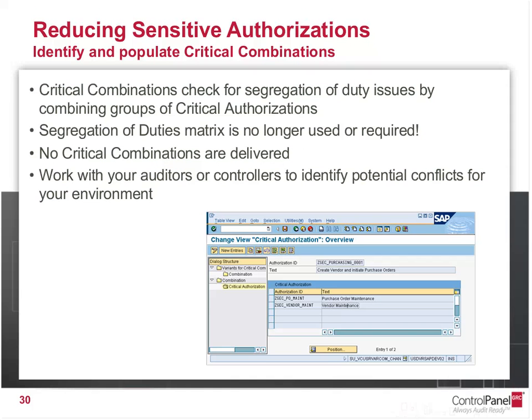Now, when you set up those critical transactions, and we've got an example down here at the bottom where we set up two critical authorizations, one for purchase order maintenance and one for vendor master maintenance, we can then combine them inside of this RSUSR008_009_NEW report. Now, SAP doesn't deliver any critical combinations, but it gives us that infrastructure so that you're able to go in and run some reports and see what users might have access to conflicting transactions in the system.